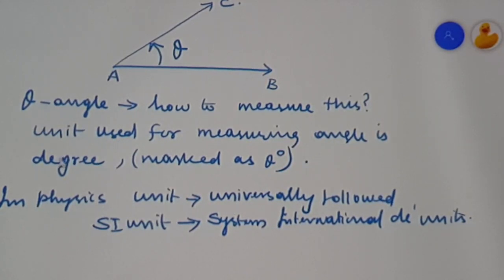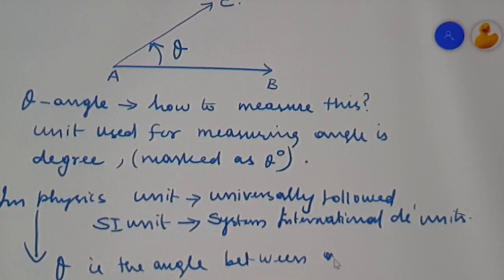Now, how is this theta measured in terms of SI unit in physics? See, in physics, this theta, that is the angle between any two lines, see how we are going to measure.